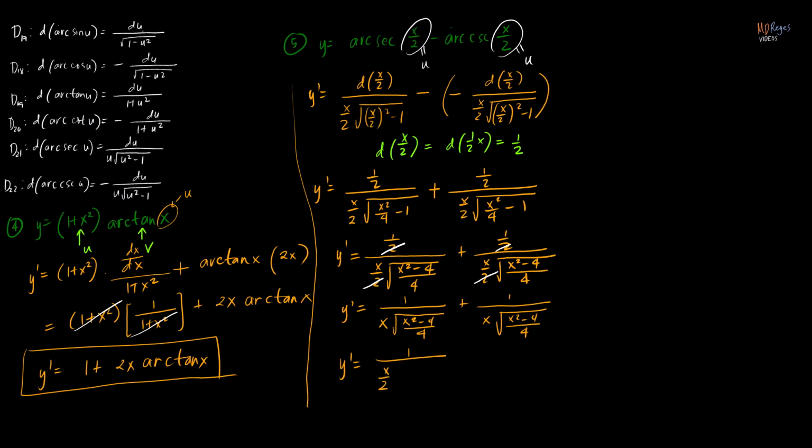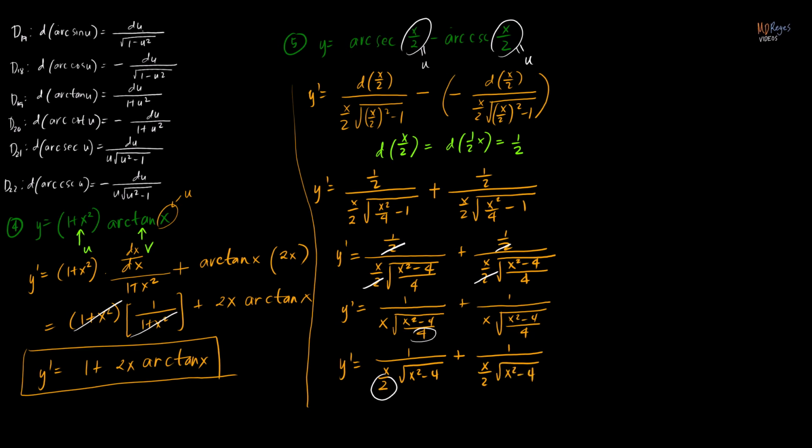This 2 comes from the square root of 4 in the radicand. Now in the radicand, what remains is x squared minus 4. So that's plus 1 over, we do the same thing on the other term, x over 2, square root of x squared minus 4.